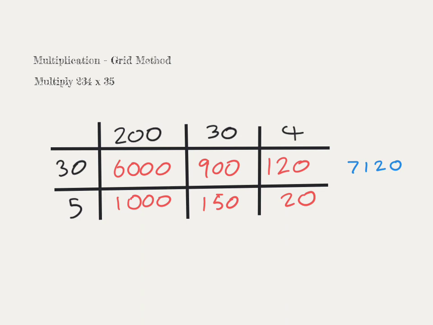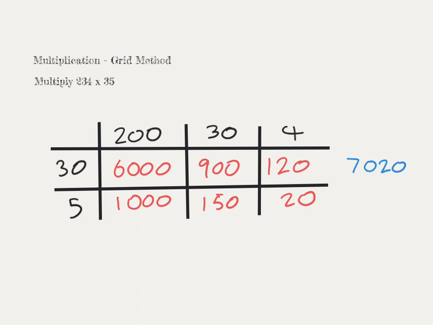Yeah, that looks just about wrong. Of course, that's wrong. Let's delete that. Let's try that again. 900 add 100 is 1,000. Add 20 is 1,020. 6,000 add 1,000 add 20 is 7,020.